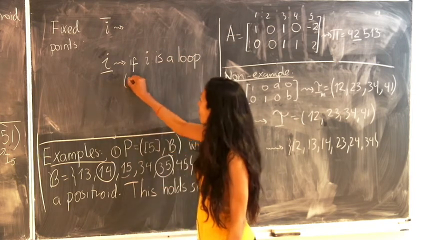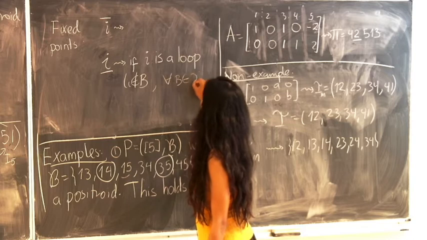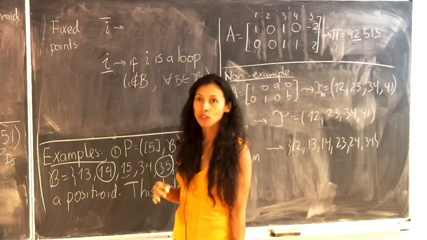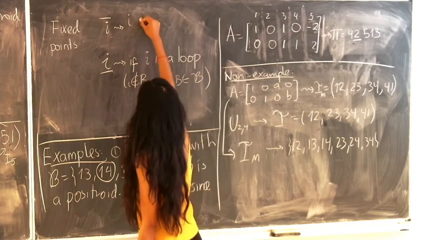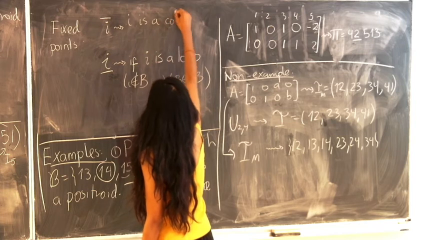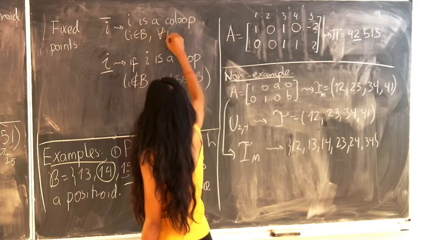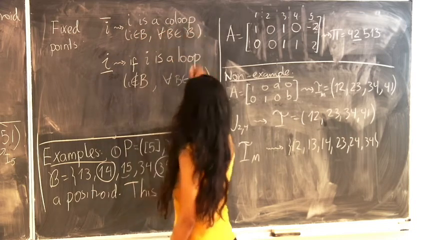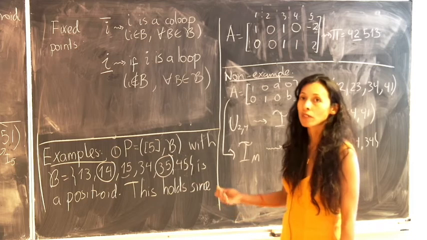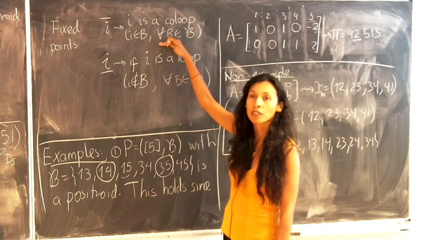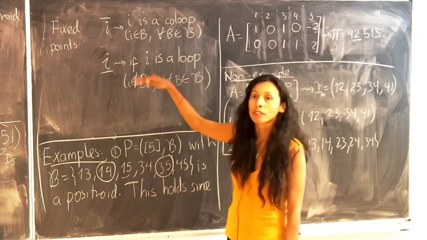That means i is not in B for any B in the basis set. The extreme case is that i appears in every basis, and that's what we call a co-loop. So i shows up in B for all bases B. In graph terminology, co-loops are edges that are required for any tree of your graph. So that is how the fixed points come up.